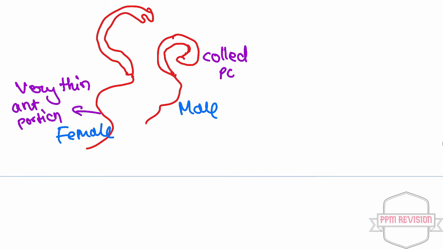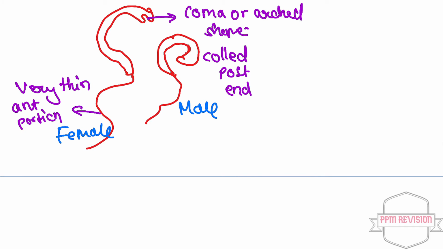The coiled posterior end is noticed, and then this is the comma or arc shaped posterior end. Now we'll be quickly looking at some points. The adult worm is whip shaped. You're able to understand that.